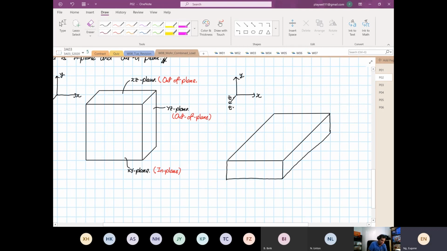Still the same thing: this is still our XY plane, this will be our YZ plane, and this will be our XZ plane.